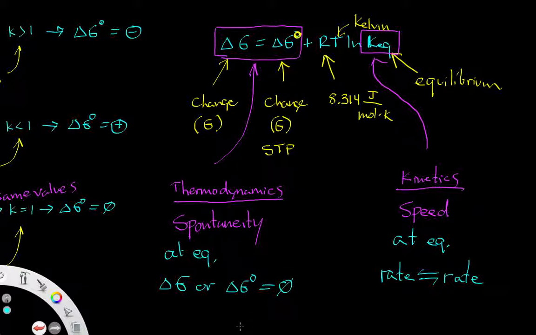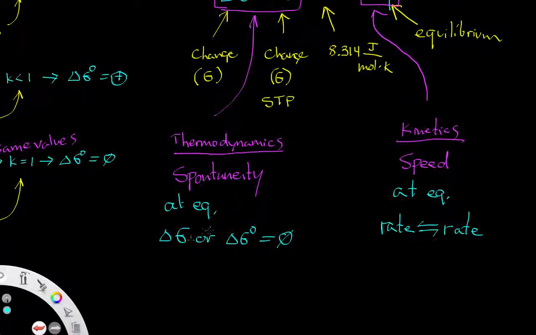And that just basically means that you have a balance of free energy, and that there is no difference from one side to the other. And that can also be explained and described by simply saying that there is no spontaneity.